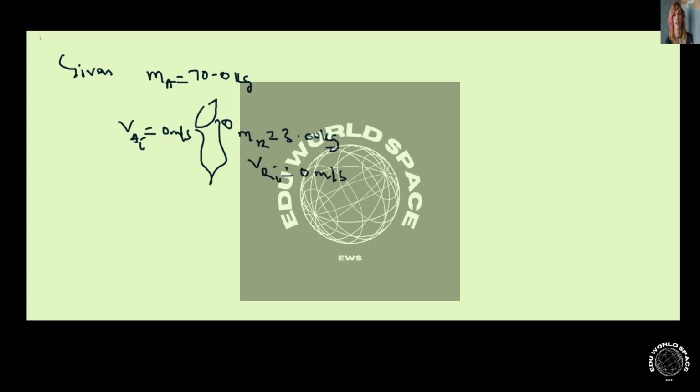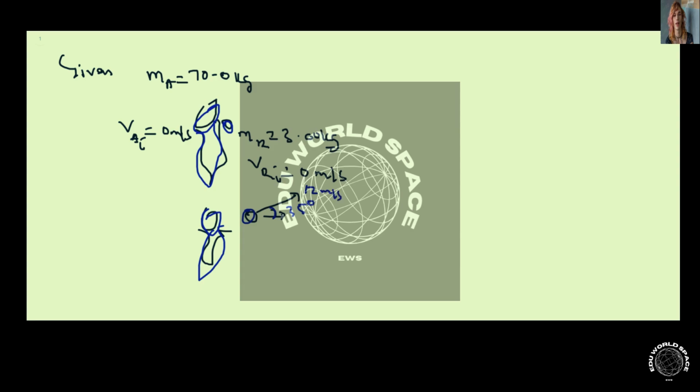So that's what's given. And then we're also told that once you throw the rock, it acquires a specific velocity. The rock itself is moving at, so this is you before you throw the rock, and this is, once the rock is moving, has an angle of 35 degrees with the horizontal, and it's moving at 12 meters per second.